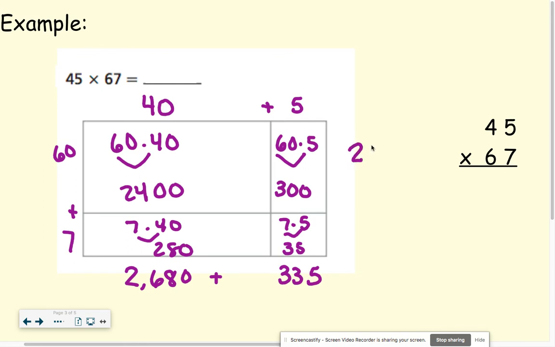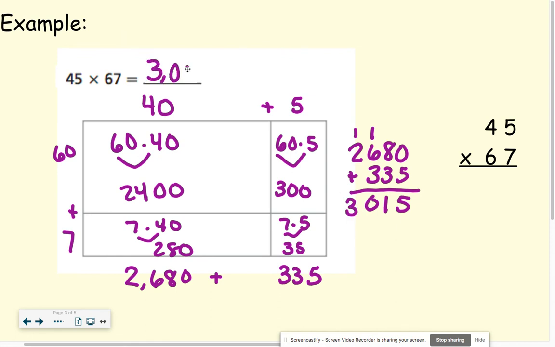I like to stack them vertically because that helps me line up place values. And then we go and add them together. And we get our answer of 3,015.